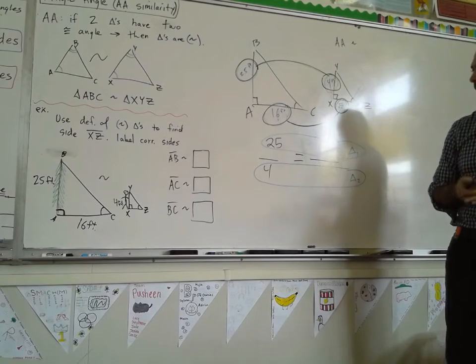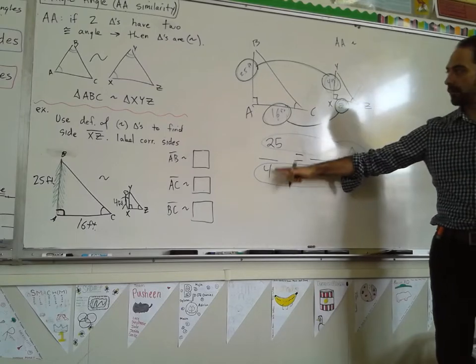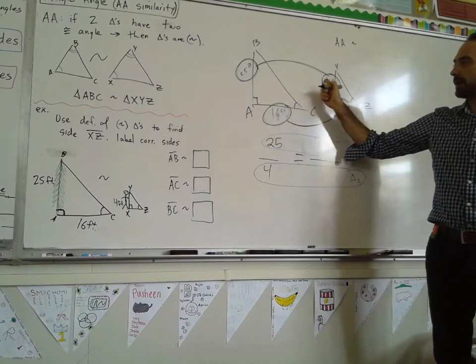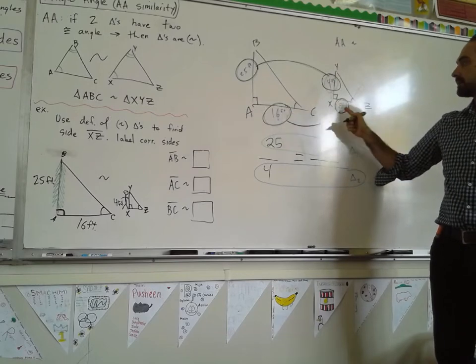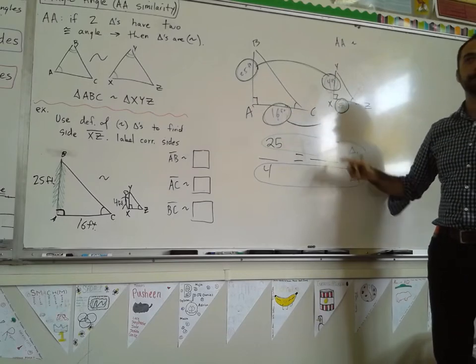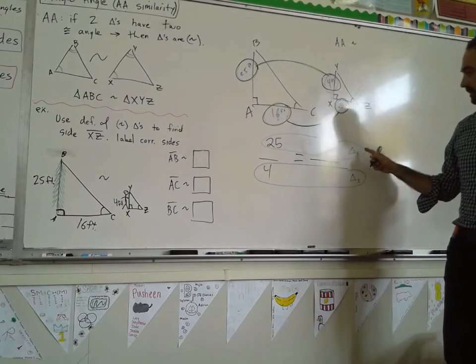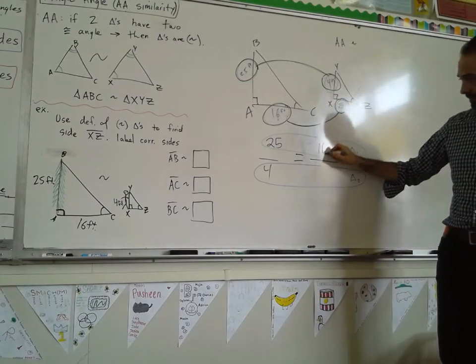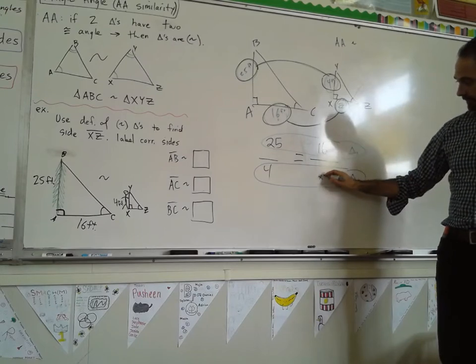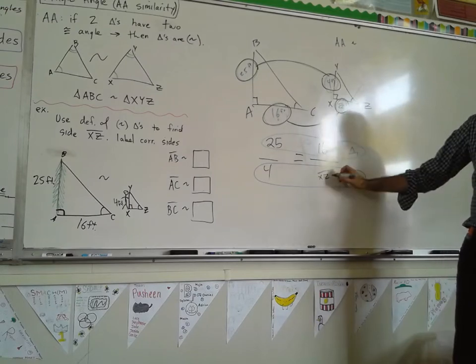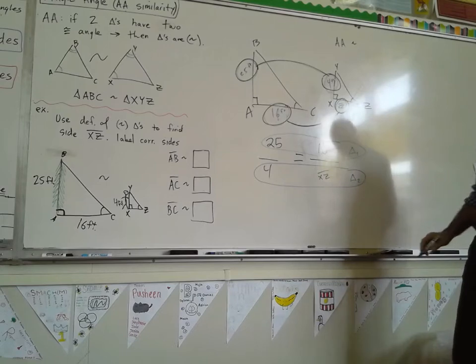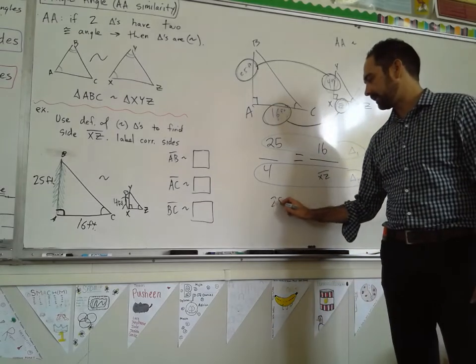So 25 to 4, 25 to 4, and then 16 to XZ. Which goes on top? 16. Why? Same triangle, so 16 over XZ. Just because that's a little bit harder to see, I'm going to write it again.